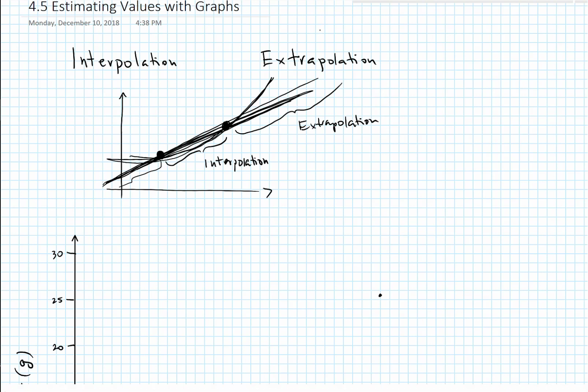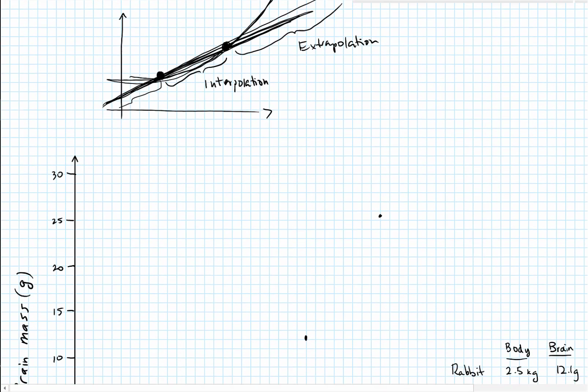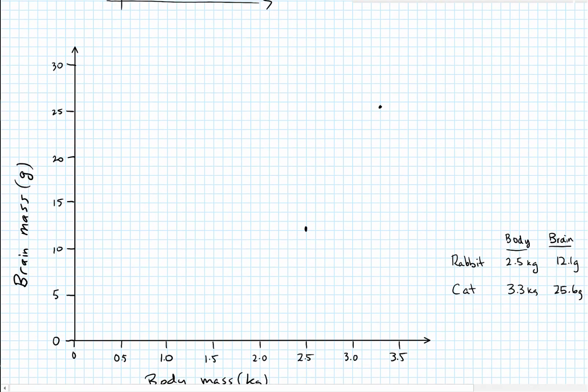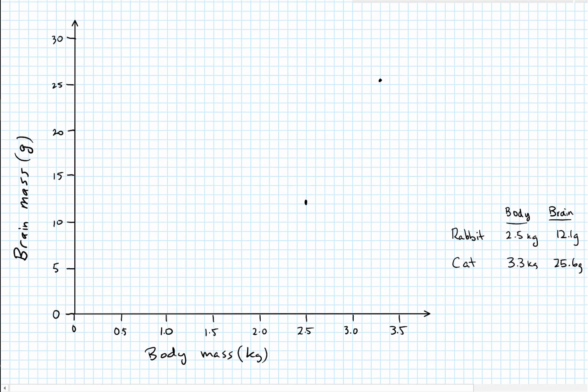So let's take a look at an example, something that's really well studied, and there's lots of data if you want to go online and check this out, is the relationship between the size of a brain, the mass of the brain, which is usually measured in grams, and the mass of the body, which is usually measured in kilograms, with various animals.